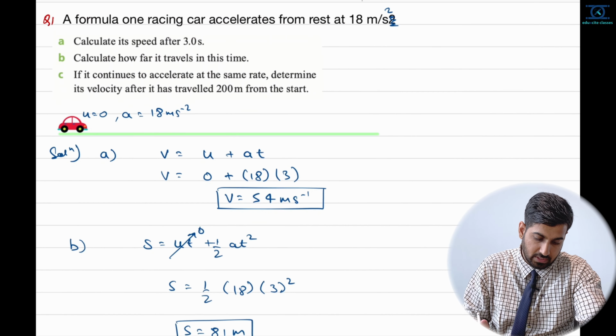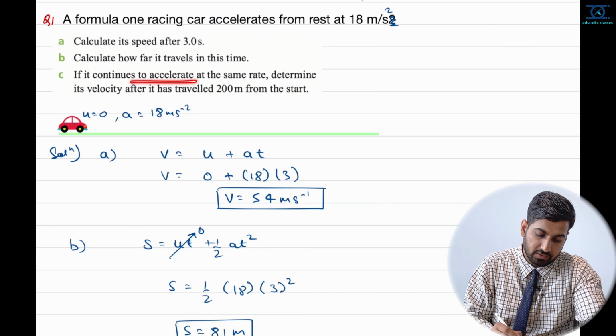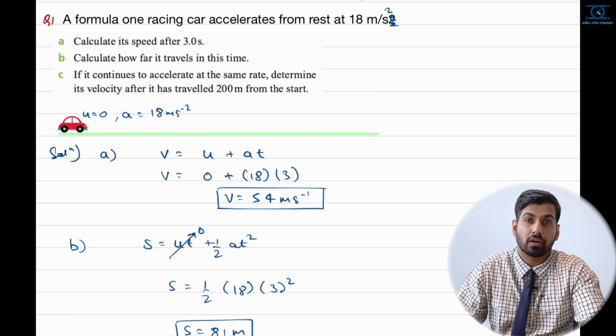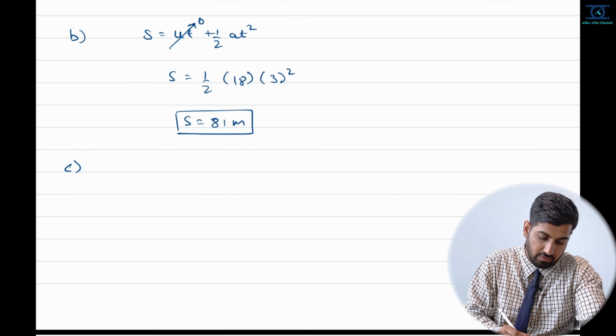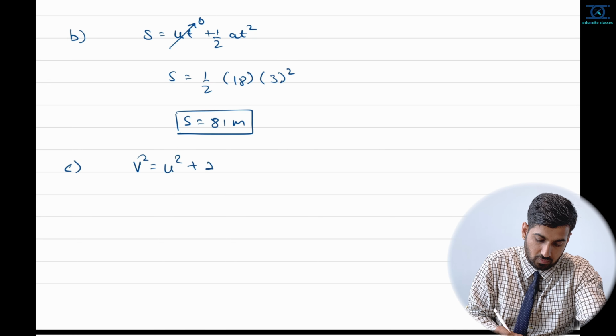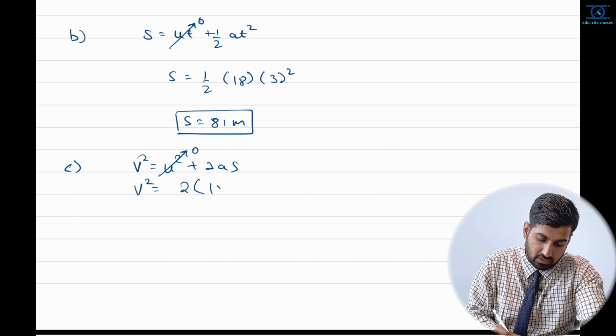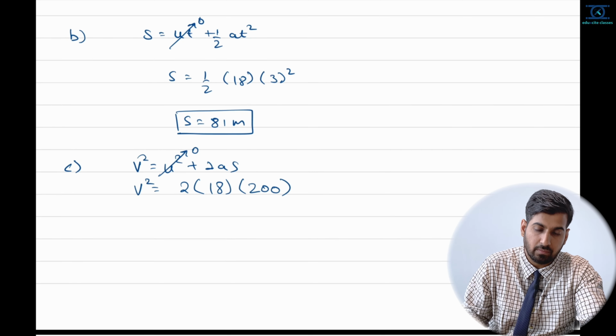And now the C part: it continues to accelerate. We have to find out its velocity after it has traveled a distance of 200 meter from the start, from the beginning. So I am using v squared equals u squared plus 2as. So v squared, u squared again becomes 0, which is 2 times 18 times s, and we have to find out for 200 meter.